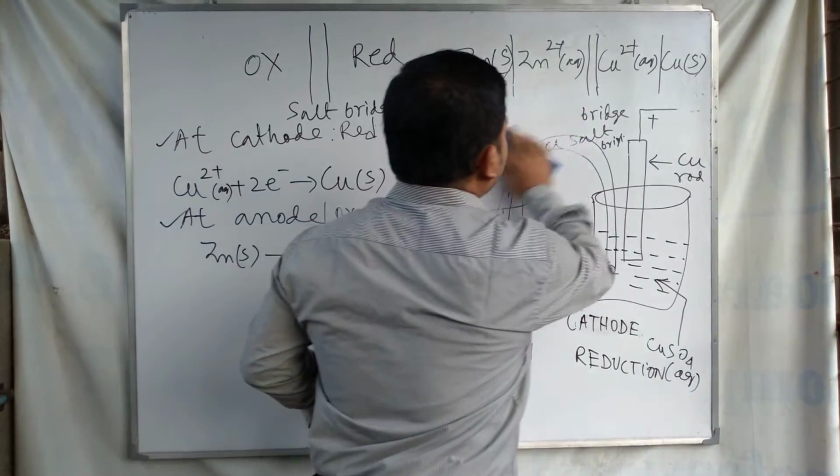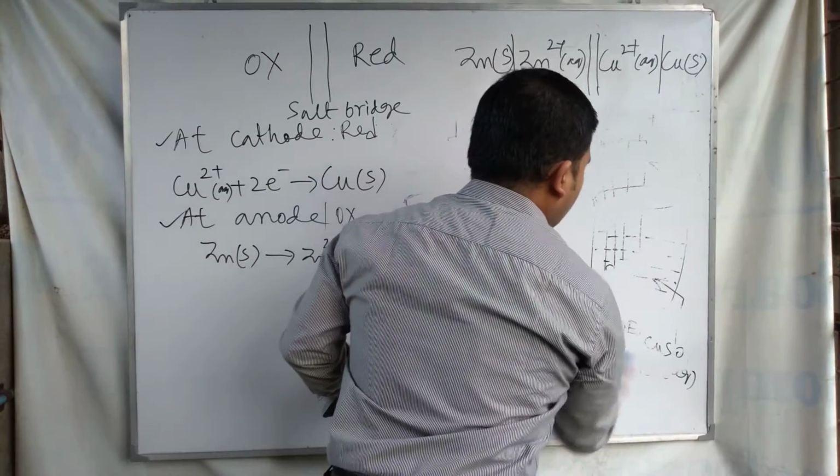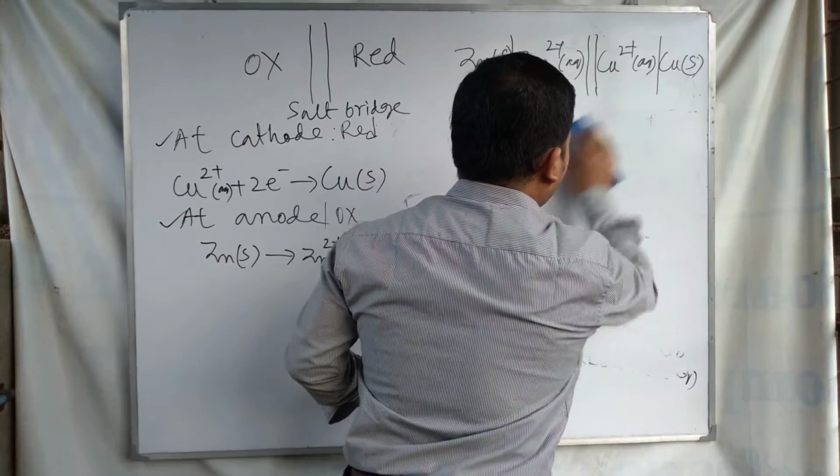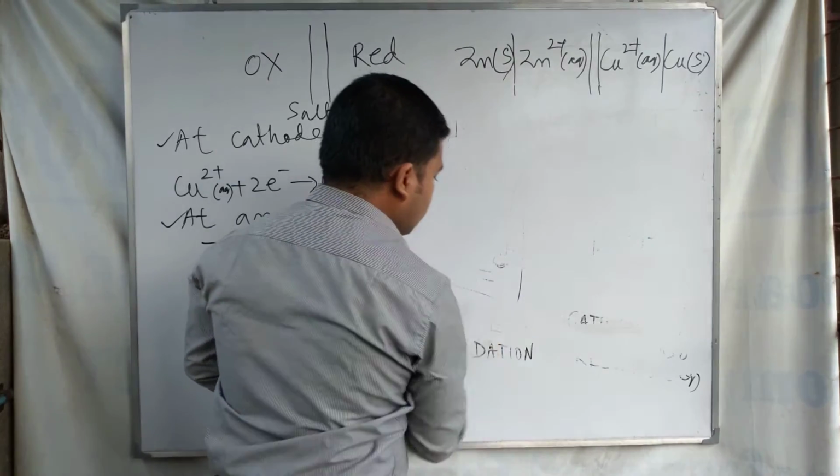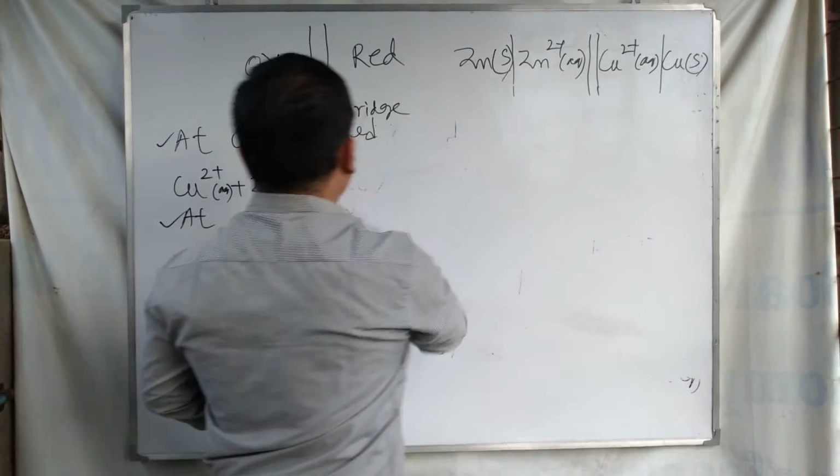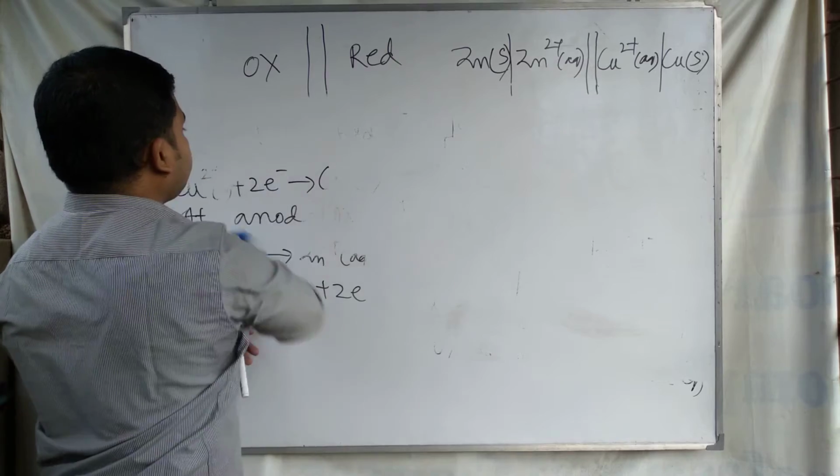We take some other examples where we represent the galvanic cell using the salt bridge.